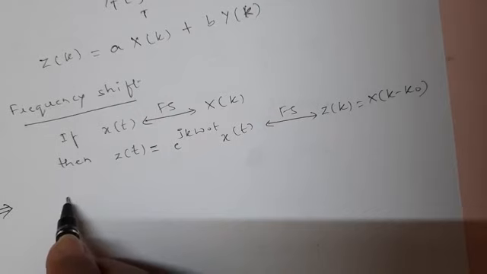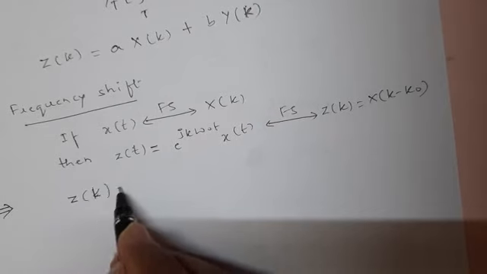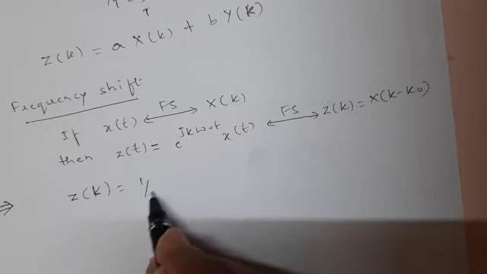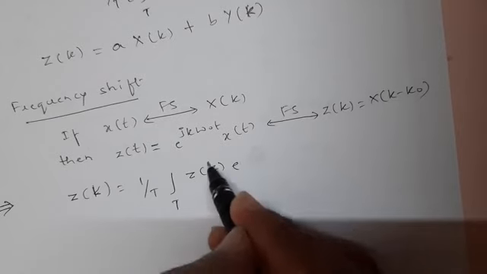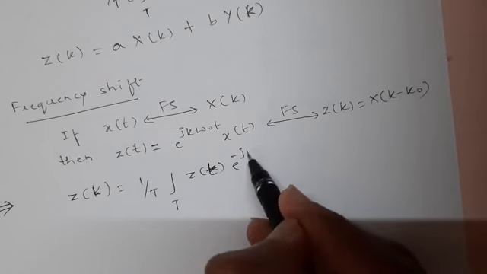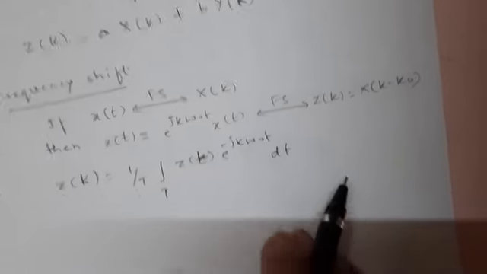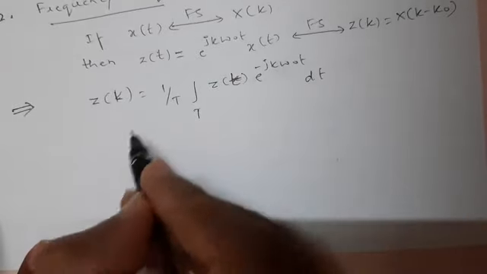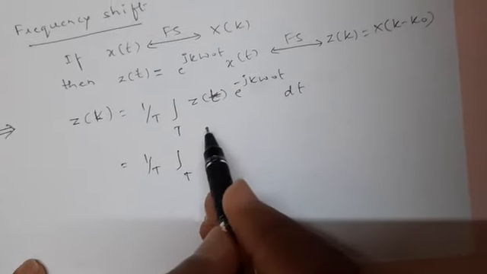So according to your equation, z of k is 1 by T integration over T z of t e to the power minus j k omega naught t dt. Right? So 1 by T integration over T, what is z of t?